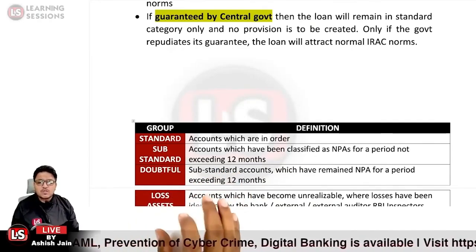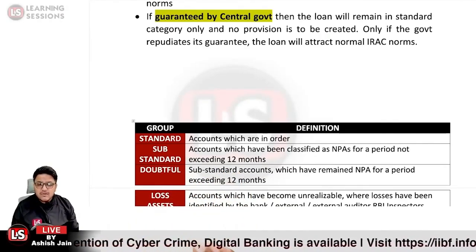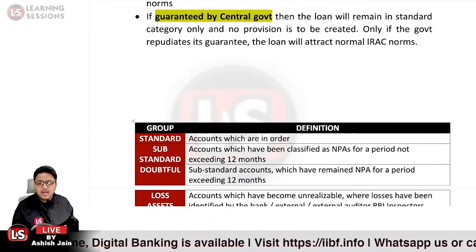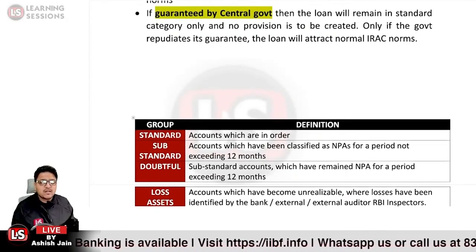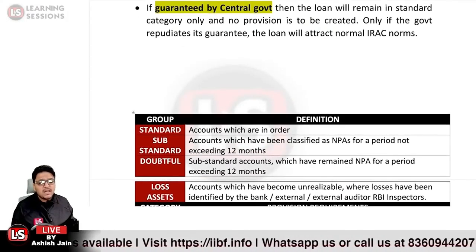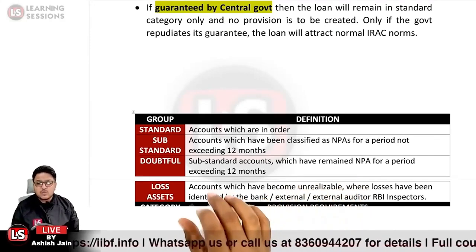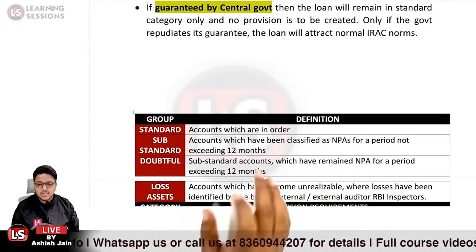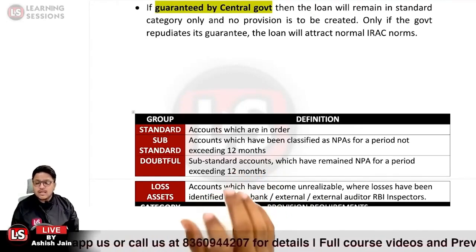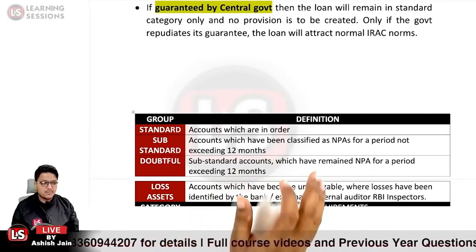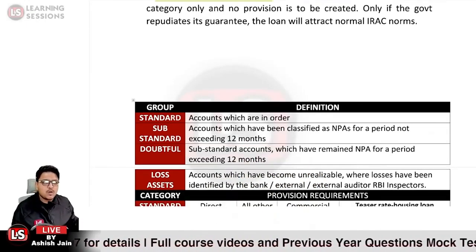The accounts which became unrealizable, where losses have been identified by the bank, but due to internal and external auditors or RBI inspectors are still meant to be in the banking books, will be classified as loss assets. I already told you that the provision is to be created whether it is a standard loan account or a non-performing asset.